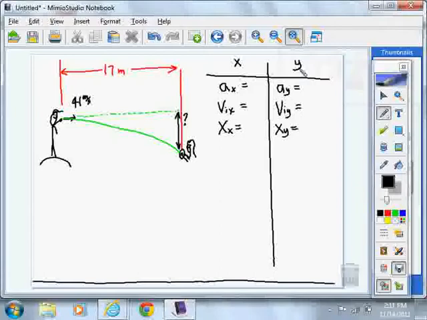All right, what is the acceleration in the x direction? What is the acceleration in the y direction?